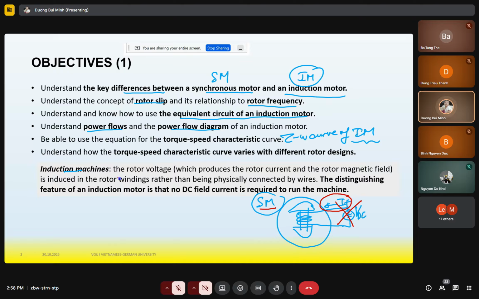But for an induction motor, we don't have a DC power supply, so we need to think of another way to generate the rotor current. Later on I will show you.